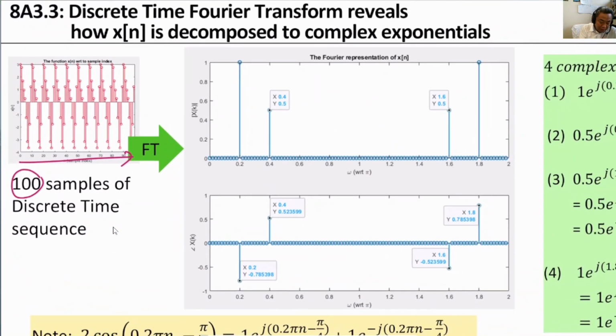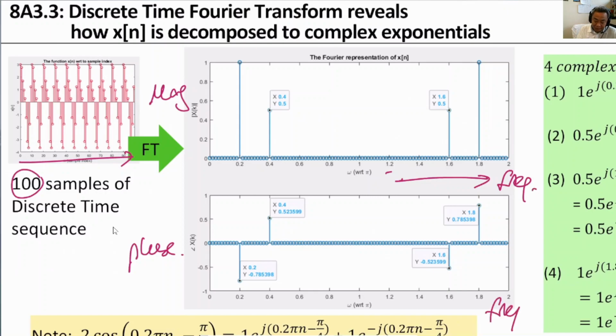Remember, we need the magnitude spectrum and the phase spectrum. The horizontal axis is frequency, and the frequency here is omega in radians per sample. What we hope to see are high values showing that there is a signal of interest there.